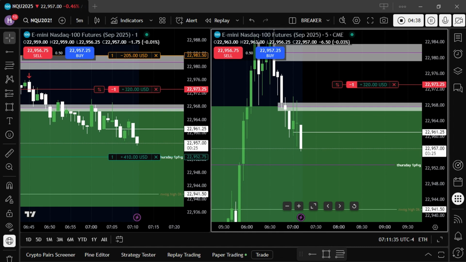As in, I'll start with 3 contracts, and then once price goes back up, depending on whether you're going for sell side or buy side. Let's say right now I'm going for sell side liquidity. When price goes up, I'll add another contract, and that's trade management.